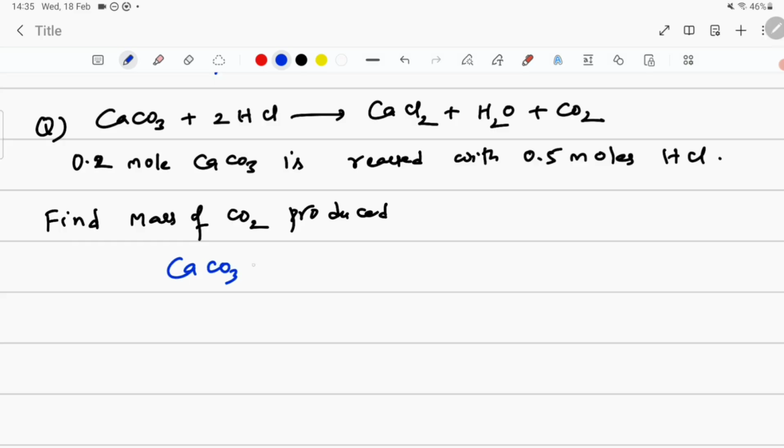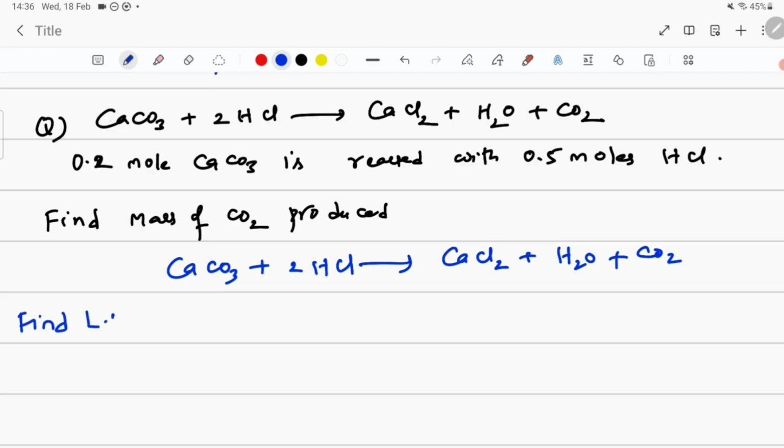I am writing the reaction once again: CaCO3 plus 2HCl. First, you need to make sure whether the reaction is balanced or not. The reaction is balanced. Now 0.2 moles of CaCO3 is reacted with 0.5 moles of HCl. To find the limiting reagent, first we need to find LR. How do we find LR?